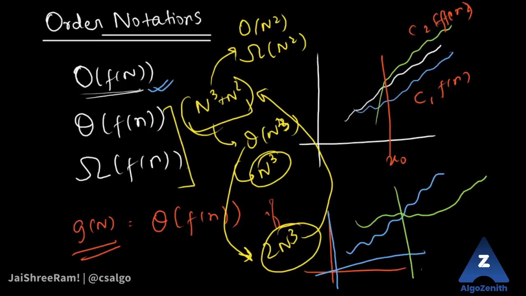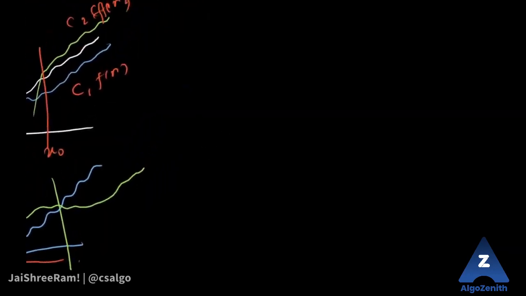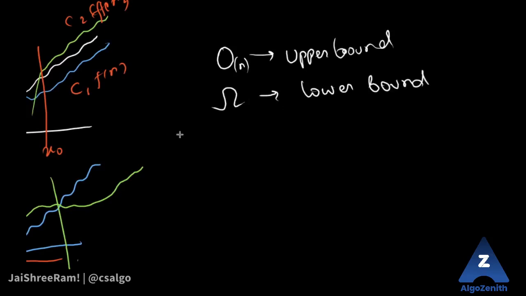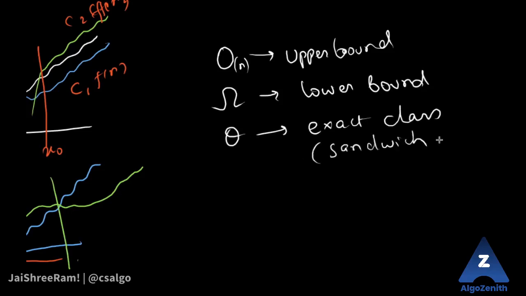If you have to remember this, you just need to understand that big O is your upper bound, omega is your lower bound, and your theta is the exact class, or you can say it's sandwiched between two functions of the same type, just by varying the constant.